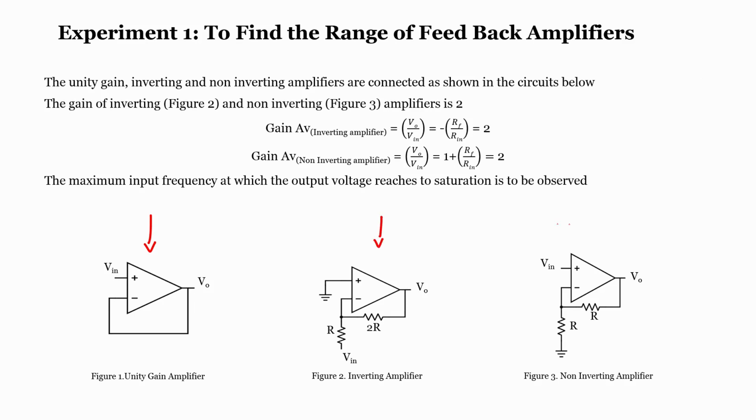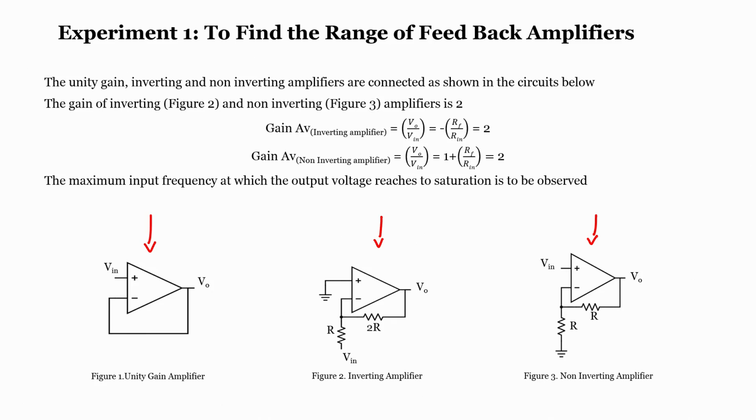It is an inverting amplifier, and this one is a non-inverting amplifier. We have already studied this in the previous course, so it is now very easy to understand whether it is inverting, non-inverting or unity gain amplifier just by looking at the circuit. If I talk about the unity gain amplifier, what does it mean? The unity gain amplifier will follow the voltage and increase the current. It can also be used as a buffer.